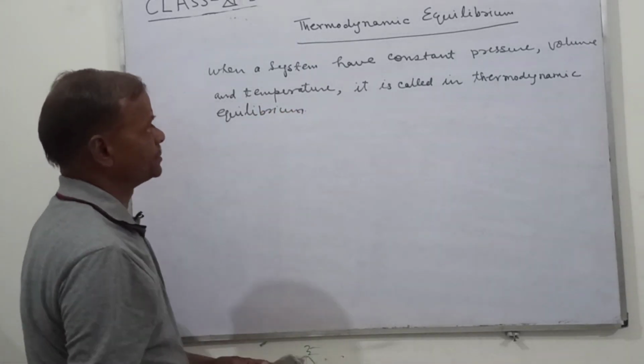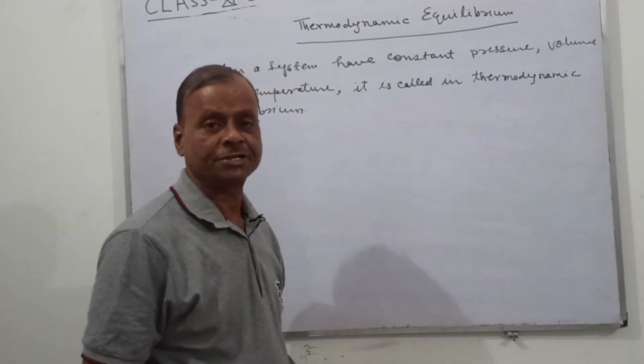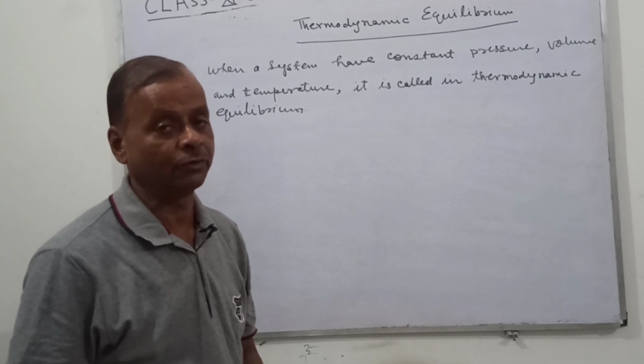So when all three parameters, pressure, volume and temperature, are constant for a system, then it is called thermodynamic equilibrium.